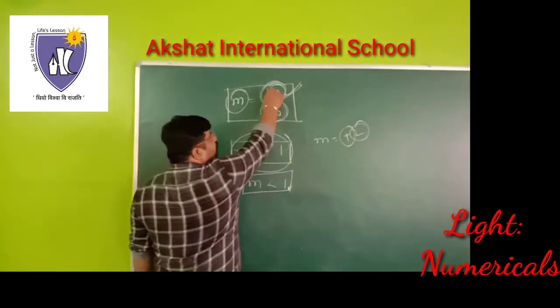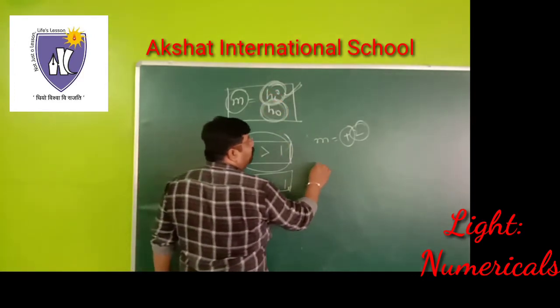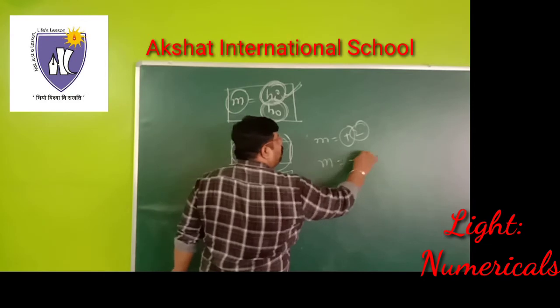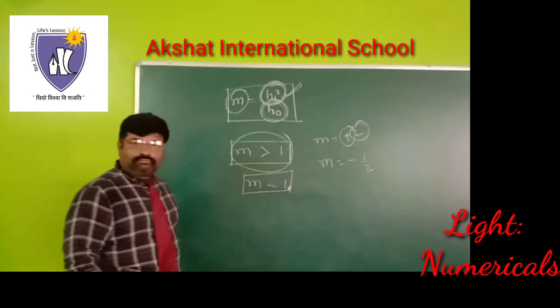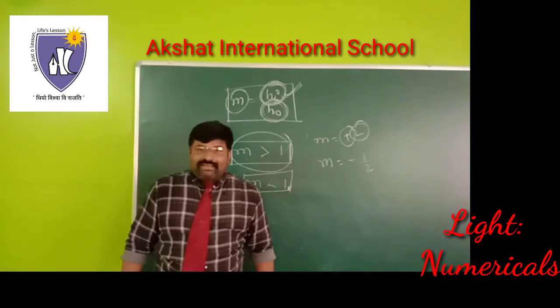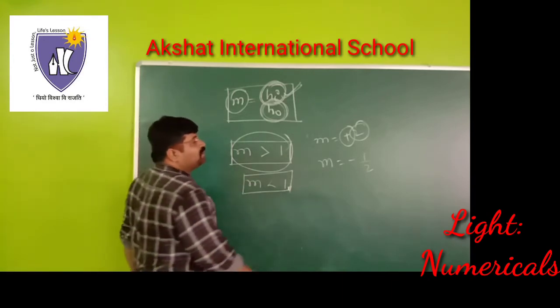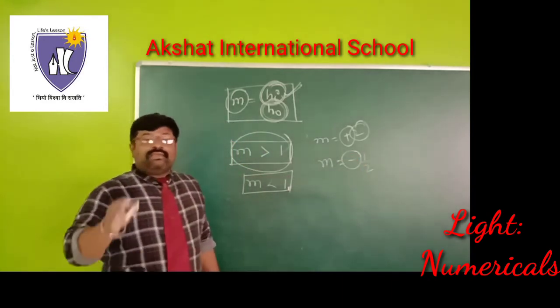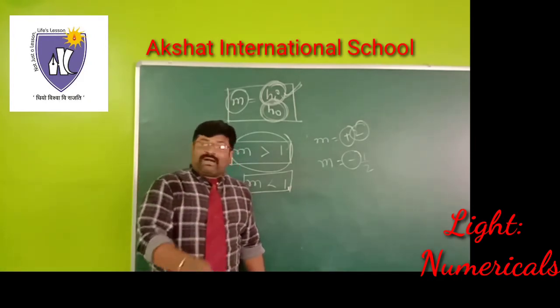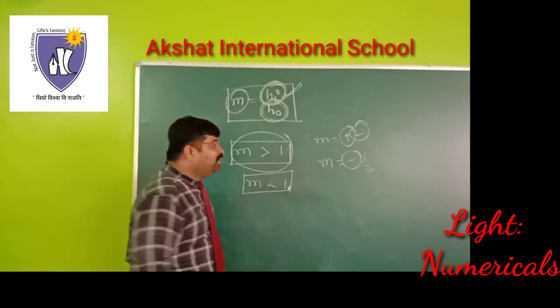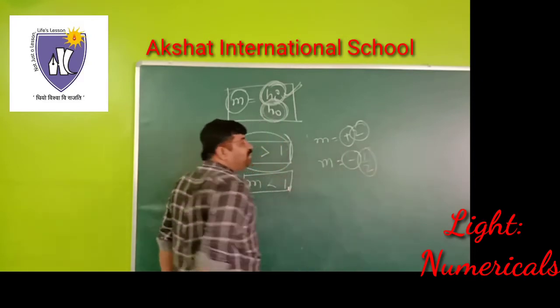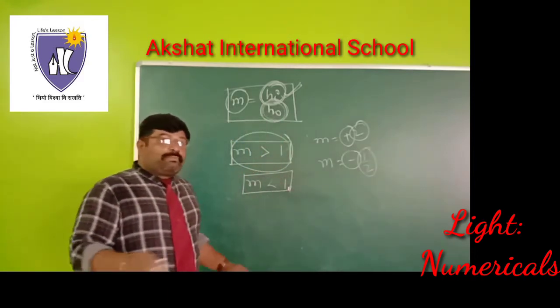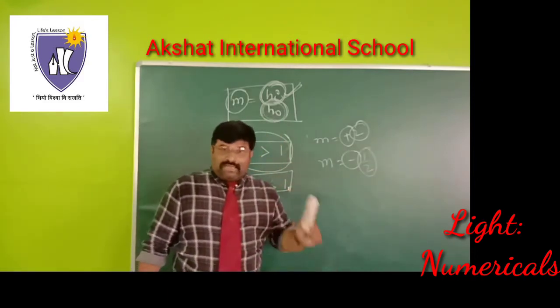Suppose m is given minus 1 by 2. First, the minus sign represents the real and inverted nature of the image, and 1 by 2, as it is less than 1, represents that the image is diminished.